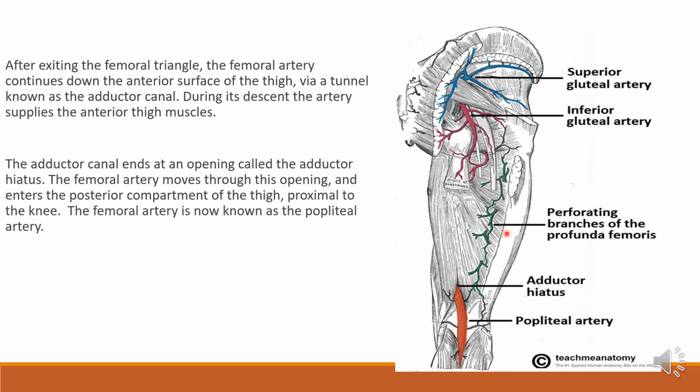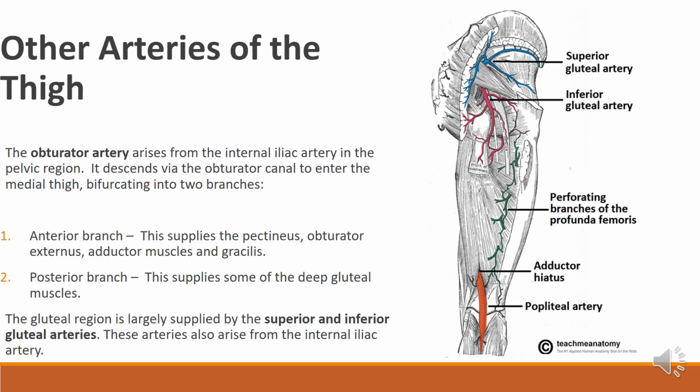This is the perforating branches of profunda femoris. In addition to the femoral artery, the thigh receives blood supply from three other arteries: obturator artery, superior gluteal artery and inferior gluteal artery.